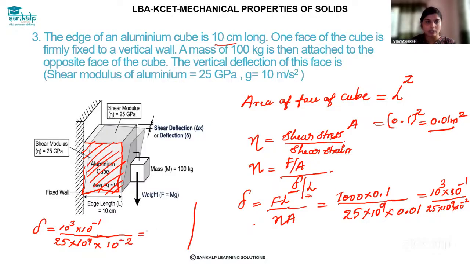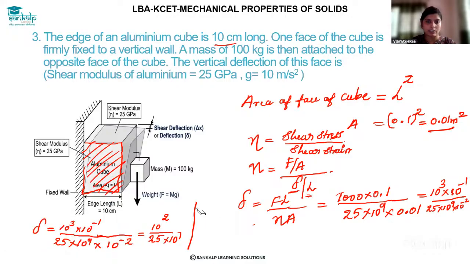Let us simplify the numerator first: 10 to the power 2 remains. In the denominator, 10 to the power 9 into 10 to the power minus 2 gives 25 into 10 to the power 7, right?